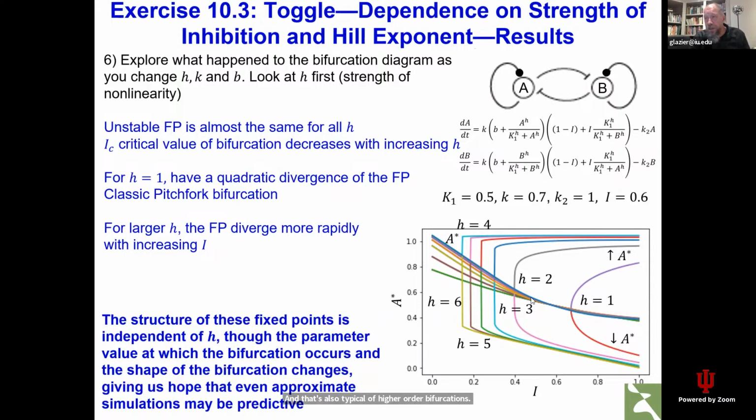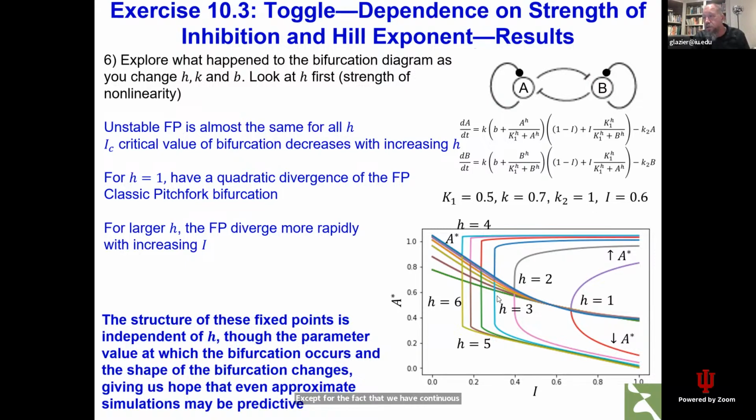And also, as we make H bigger, the critical value gets smaller, but you'll notice that the spacing between them gets less. They get closer together. And so if we used H equals 1 and H equals 6, they'd be very different, although the general structure is the same, except for the fact that we have a continuous bifurcation here and a discontinuous one here.